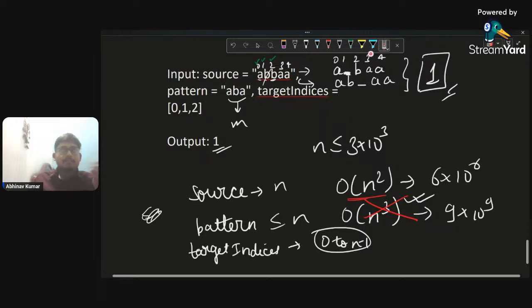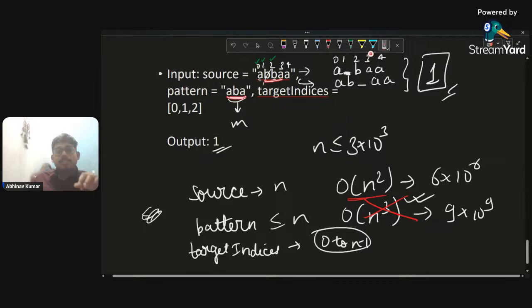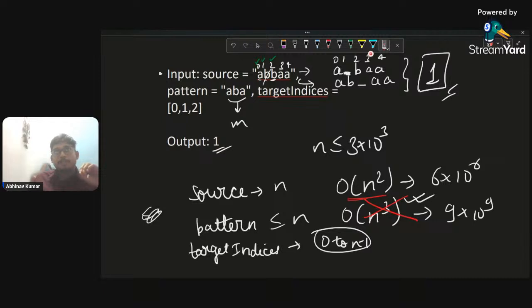You would also have done DP in longest common subsequence, which I hope you have studied. There also we do something like this only. You had to make sure that this subsequence remains. So something like an LCS type thing we are going to do in our DP approach. You would have got that feeling if you have studied LCS and these standard algorithms.